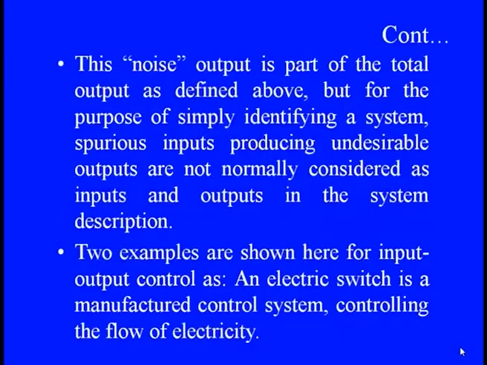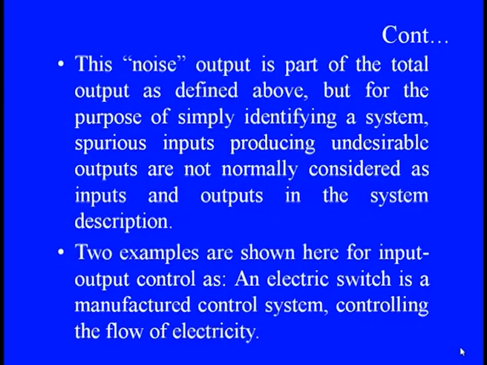We know that this unwanted output, which is coming from the loudspeaker as an integral part of the total output, has to be filtered out. For the purpose of simply identifying a system, inputs producing undesirable output are not normally considered as part of the input-output system. In the system description we need to add some kind of filter, maybe an octave band filter, or we need to design the filter so that we can cancel out these things.